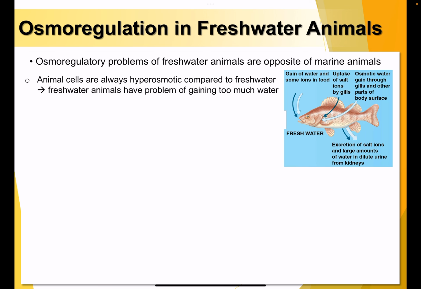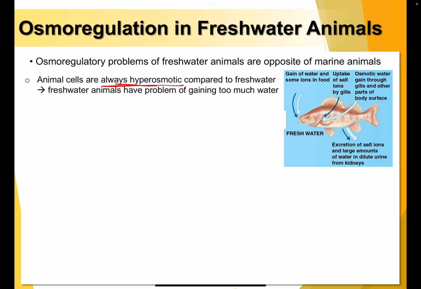Because when a fish is in a freshwater environment, the animal itself is hyperosmotic to the environment, which means the animal has more salt inside. So water will move in from the environment into the fish itself. As I have already said, when an animal is in freshwater, their cells are always hyperosmotic compared to the freshwater.